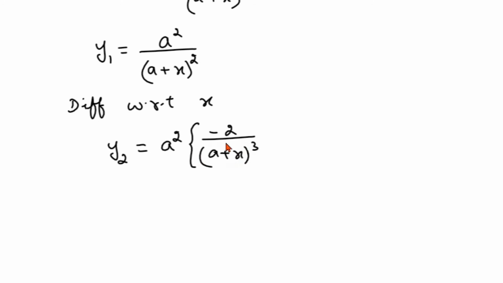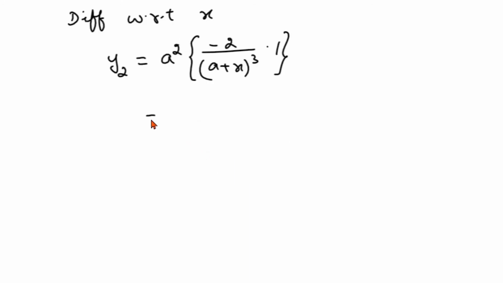So I have written it as −2/(a + x)³ into differentiation of a + x, which will be 1. Therefore, I have got the value to be equal to −2a²/(a + x)³.